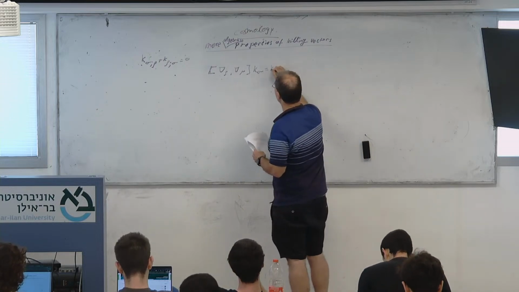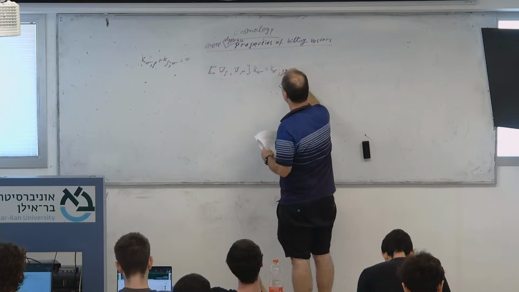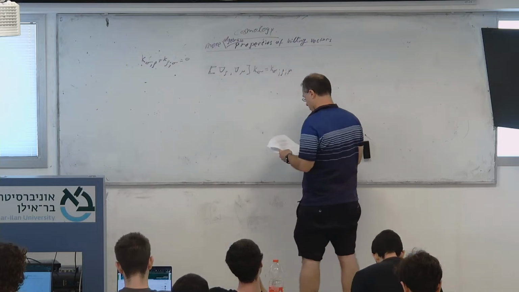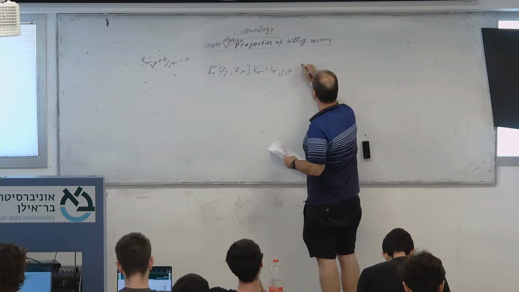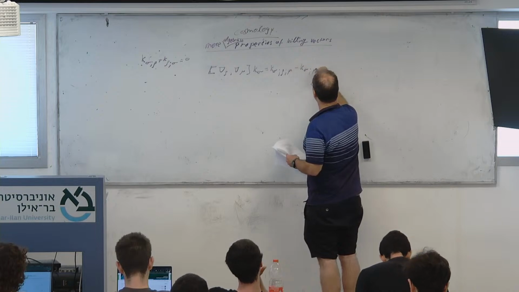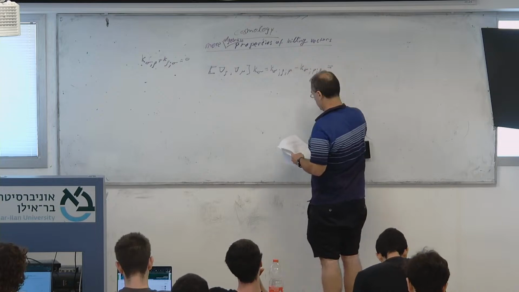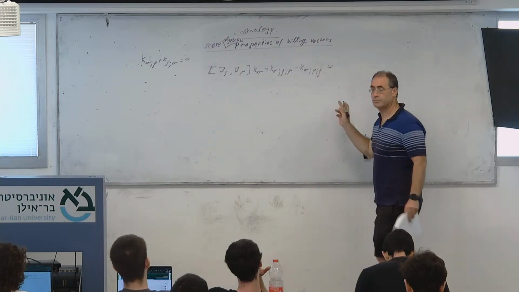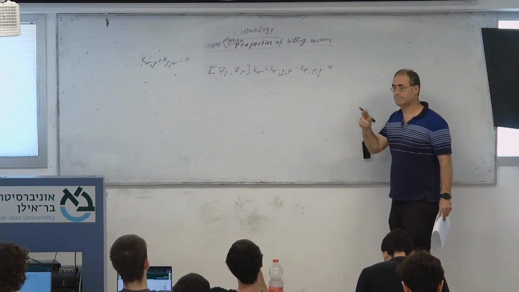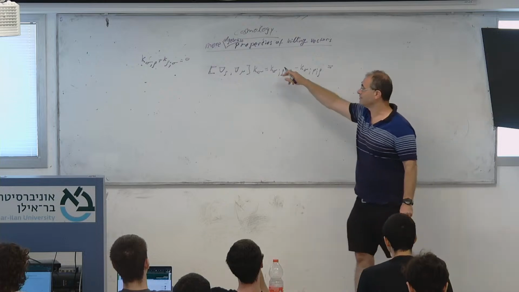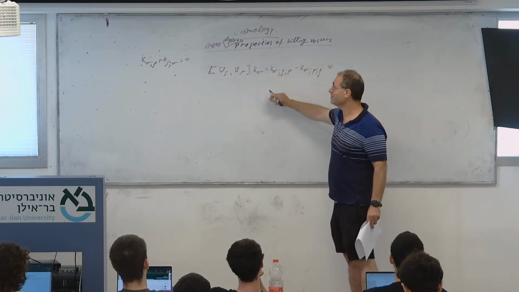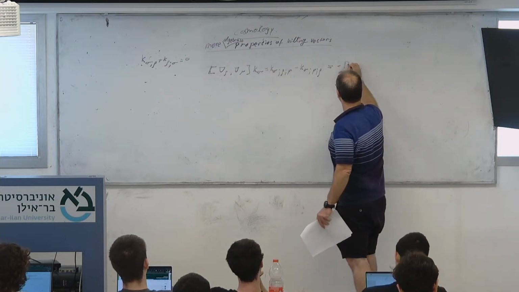This is equal to K sigma rho mu minus K sigma mu rho, which equals minus R lambda sigma rho mu K lambda.